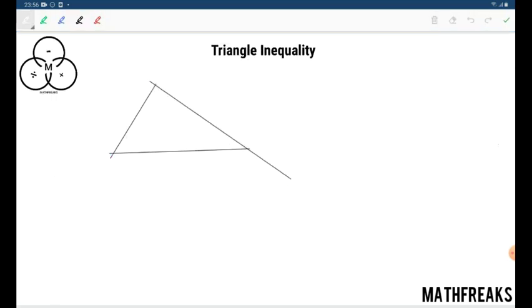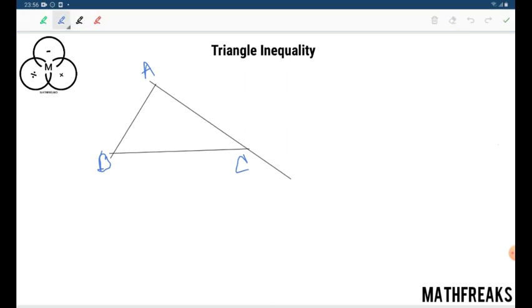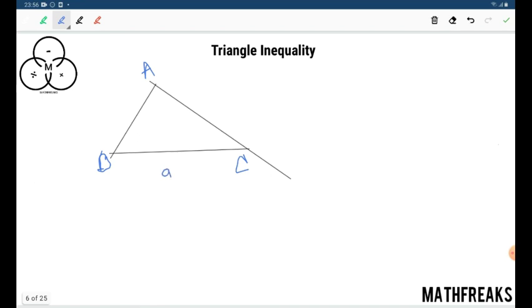Triangle inequality. According to the triangle inequality, consider triangle A, B, C. The general notation says that the side opposite to the angle is denoted by the small letter. This side BC is opposite to angle A, so it is denoted by a. This will be denoted by b, this will be denoted by c.